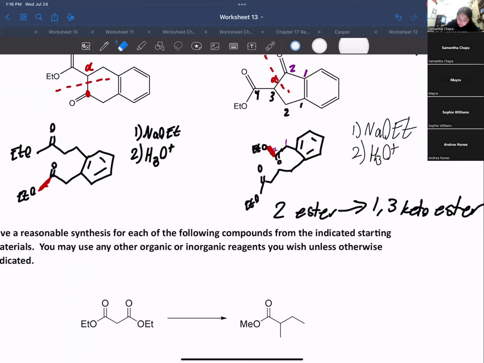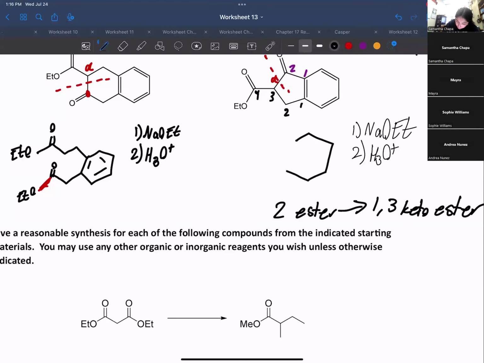So I got confused with my numbering. Let's just try this. Because I numbered this one number 1, and that got me confused. So that's carbon number 1. This is 2, this is 3, and this is 4, by the way that I numbered it.